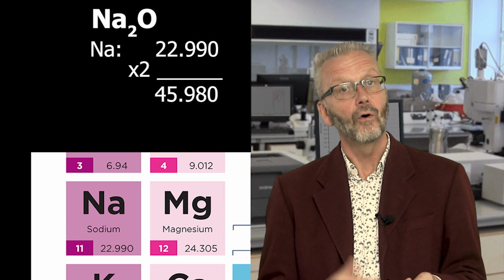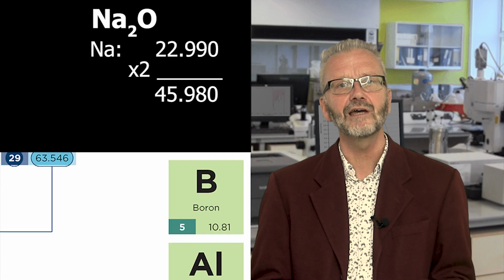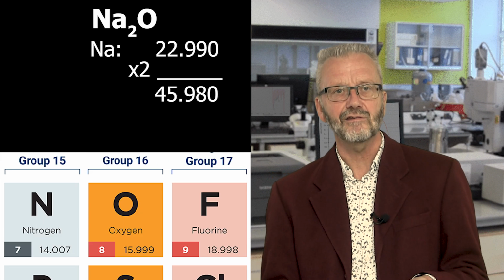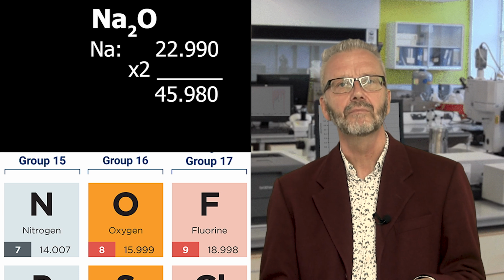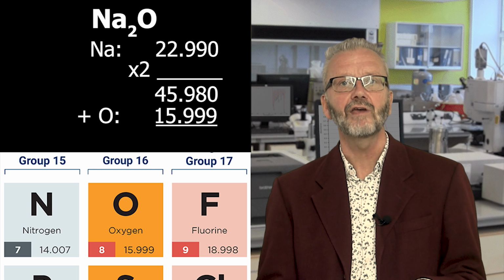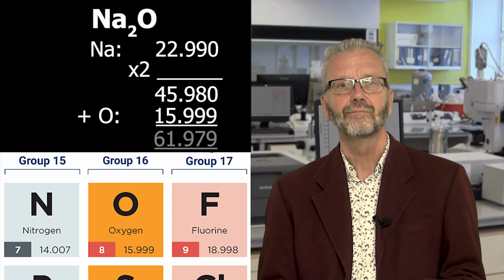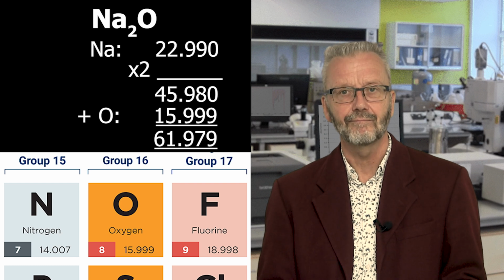Sodium oxide also contains an atom of oxygen, so we look that up in the periodic table to discover that it has a mass of 15.999. So we add that to the mass of the 2 sodium atoms to get the total mass of the molecule, 61.979.